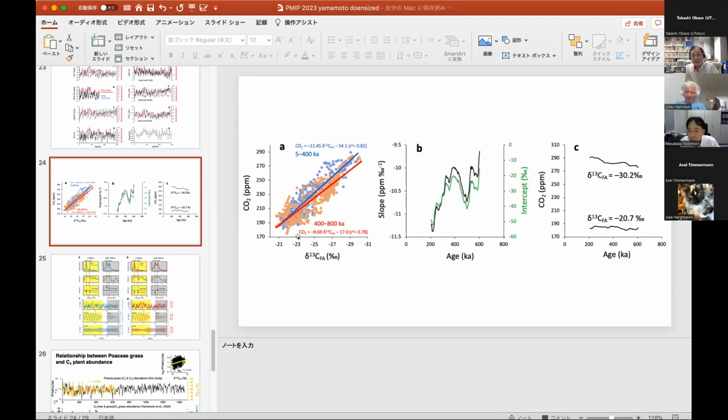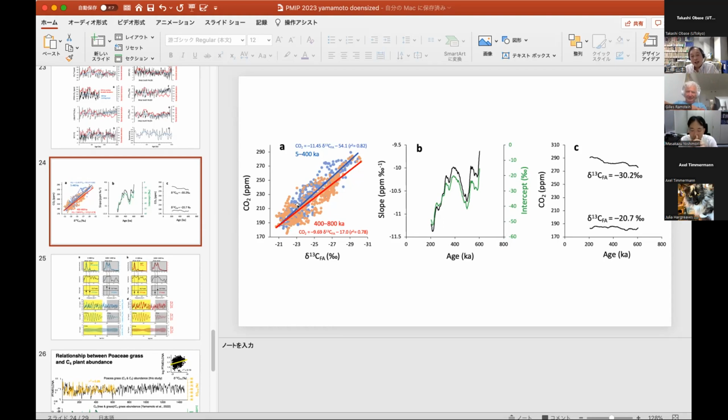But this doesn't guarantee the calibration is true before 800,000 years ago. It's true, and I suppose that this calibration is affected by precipitation and temperature.